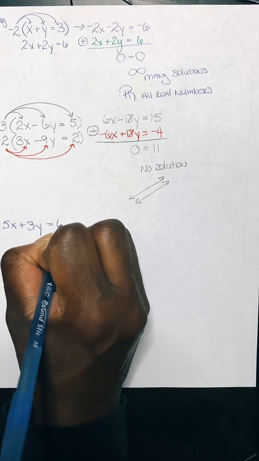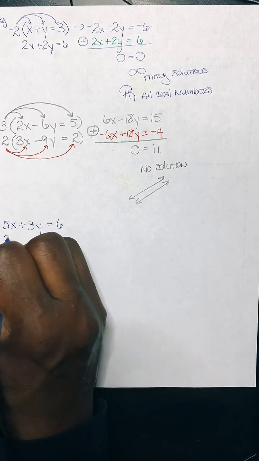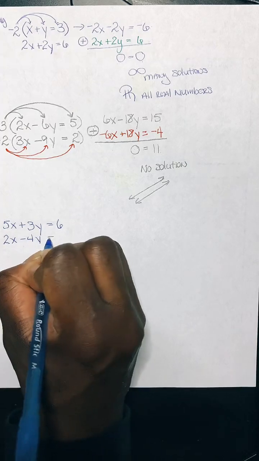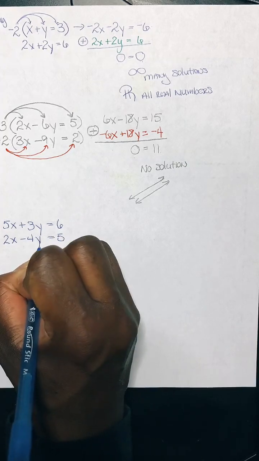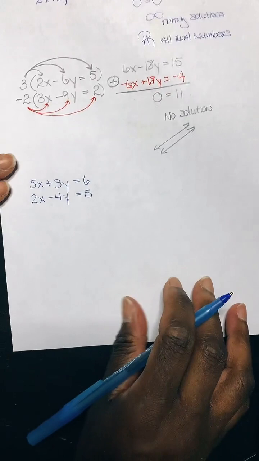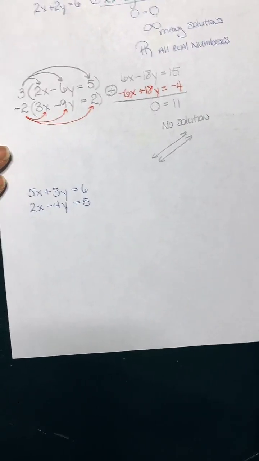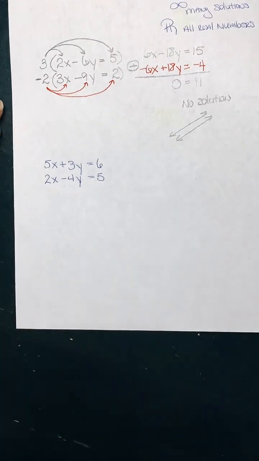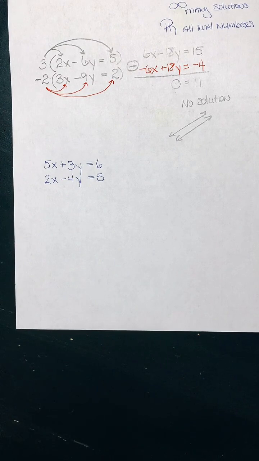I don't think we did this one yet. Okay. So let me tilt a little bit so you guys can see that. Okay, so 5x plus 3y equals 6. 2x minus 4y equals 5.